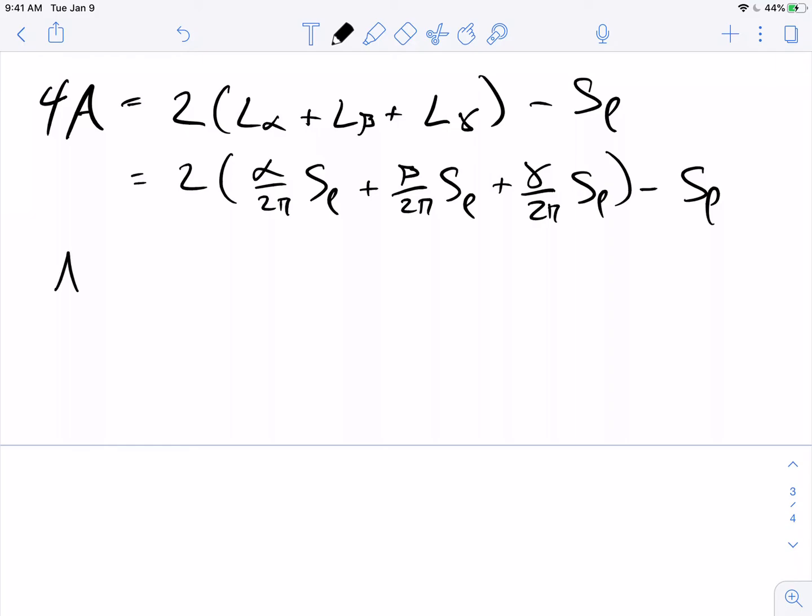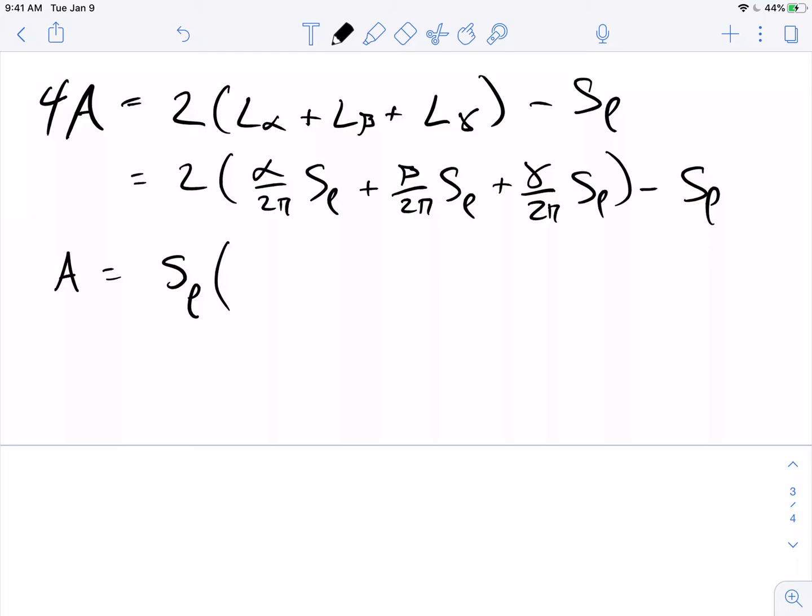So A is equal to S rho divided by 4... sorry, having trouble doing math.